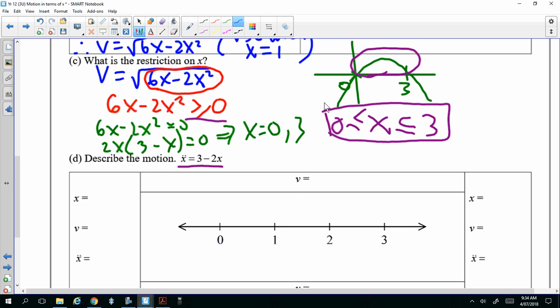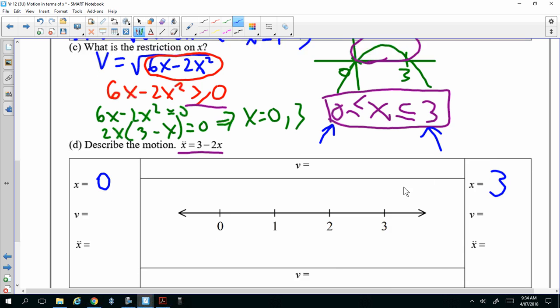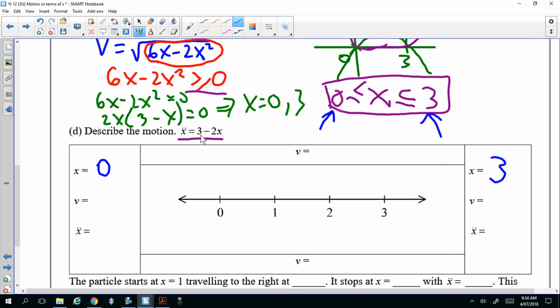What's the acceleration when x equals 0? You get 3. And when x equals 3? Substitute 3 in there: 3 minus 2 times 3, you get negative 3.